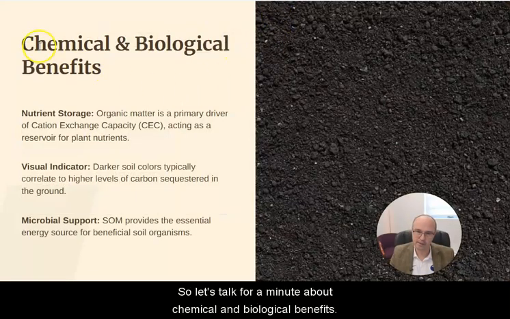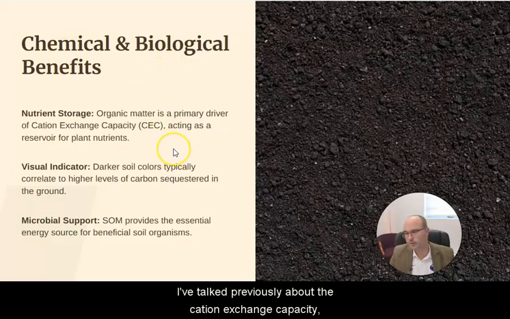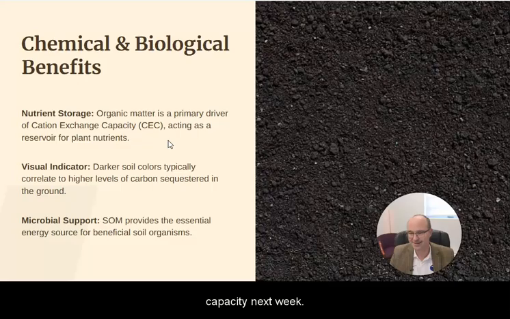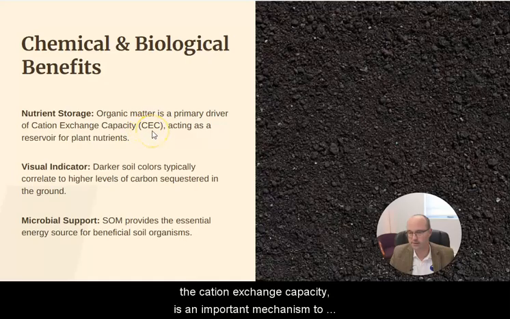So let's talk for a minute about chemical and biological benefits. I've talked previously about the cation exchange capacity, and we're going to go deep into it next week. But for now, just remember that the CEC, the cation exchange capacity, is an important mechanism to get nutrients into the roots. It does have to do with ions, and we're going to talk more about that later on.